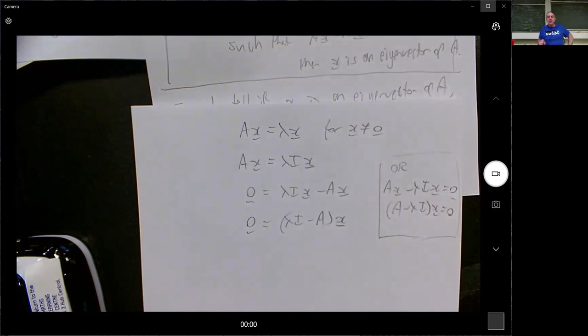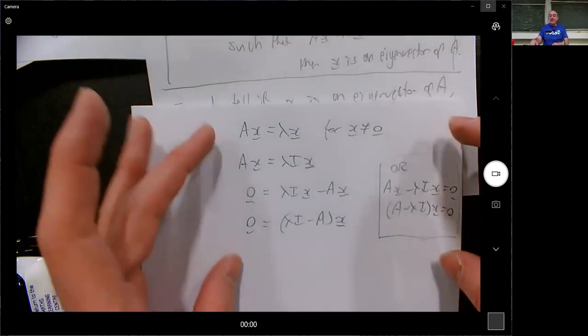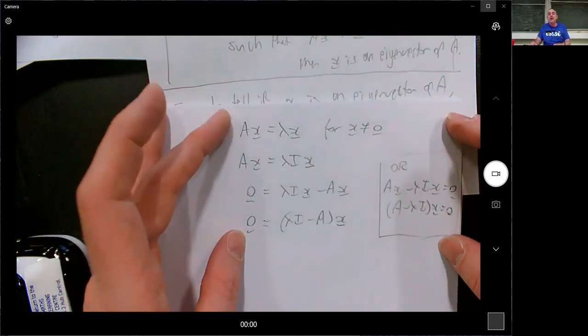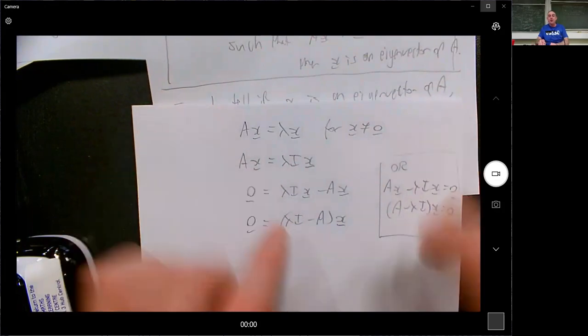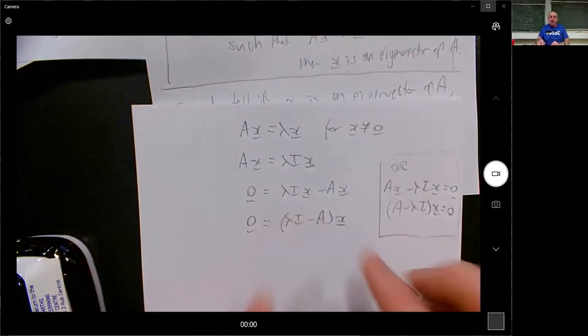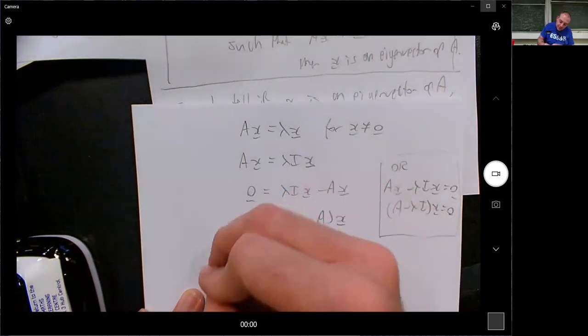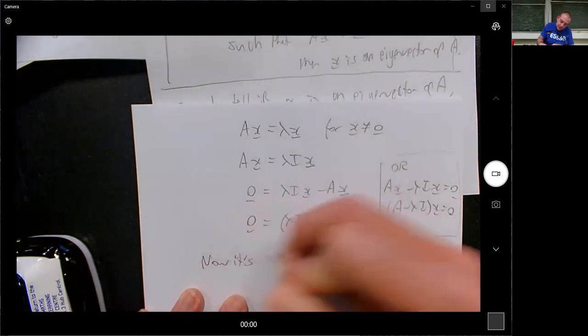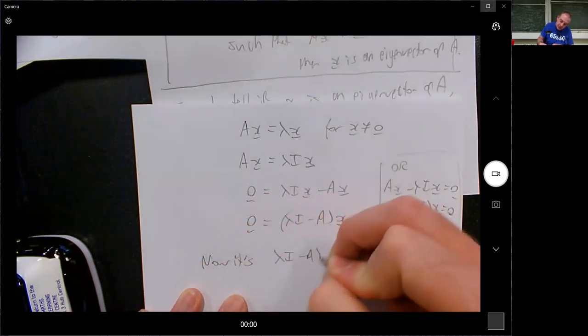There's one situation in which you'll get a different answer. It depends on what you're looking for. But if you're looking for eigenvalues, so this is just some ideas. You don't have to do this every time. If you've got a good enough memory, you can go straight to here. So look at this. Now it's this. I'm going to stick with my lambda I minus A.